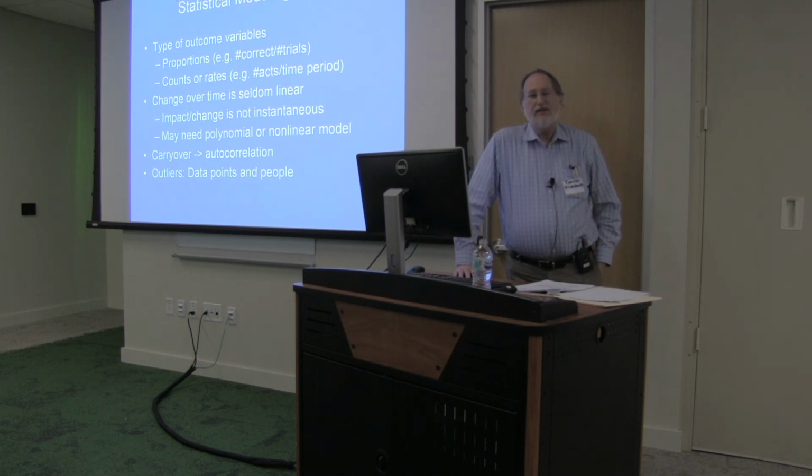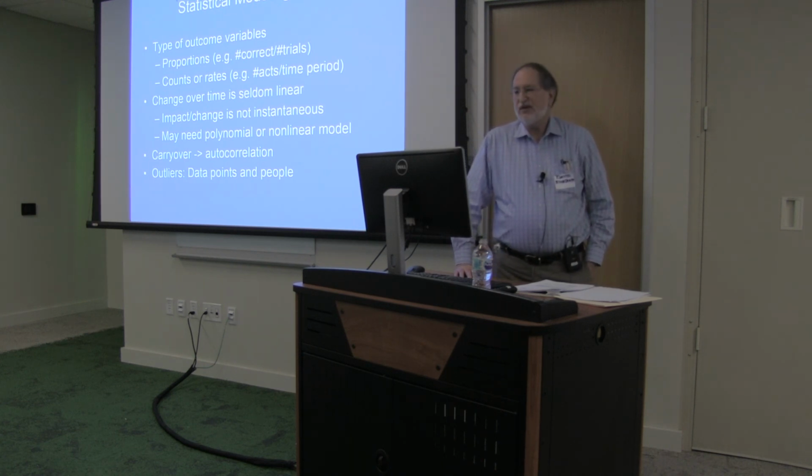Then I found sometimes change over time isn't linear. Impact is not instantaneous. You don't have an instantaneous effect. So you need some more complicated models for that, which I'll show you later on in an example. There's also a problem with all time series of carryover from one session to the next, which is called autocorrelation in statistics.